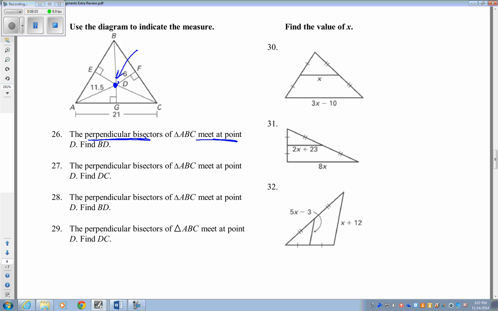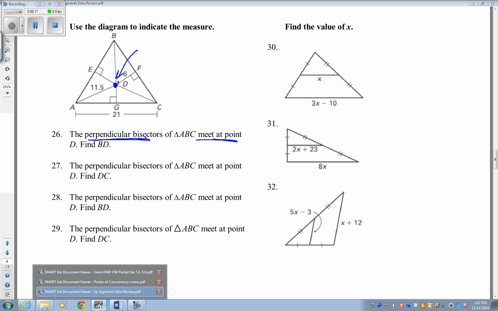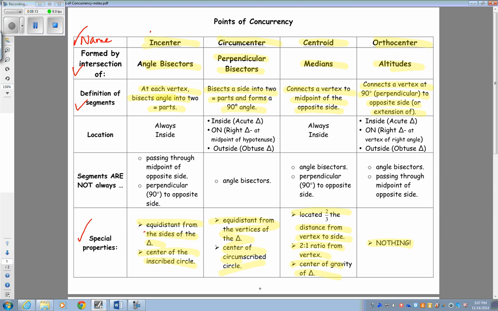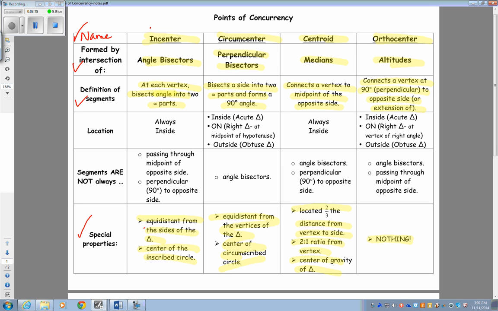No, it's not a centroid. Look at your table. In the table, we're looking at perpendicular bisectors, so it has to be what? Circumcenter. Okay, so we're staying in this column.